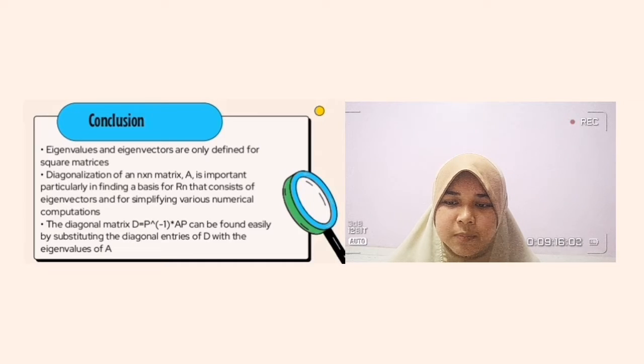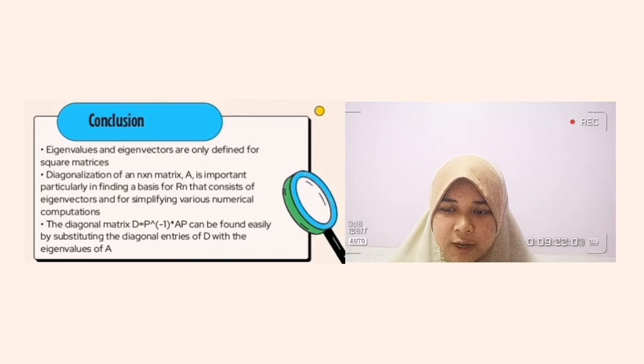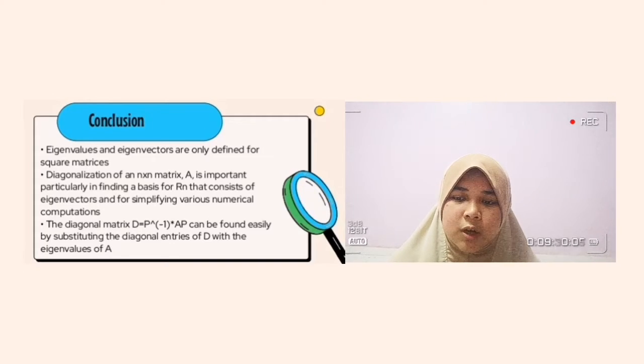The diagonal matrix D equal to P to the power of negative 1 A P can be found easily by substituting the diagonal entries of D with the eigenvalues of A.